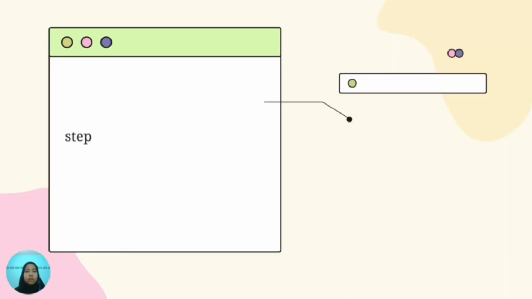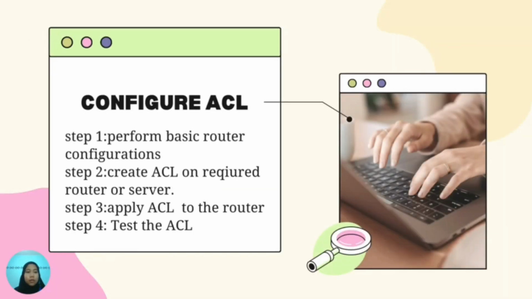To configure ACL, first we need to perform basic router configuration. For the second step, create the ACL on the required router or server, which we can name such as standard one or any name we want. Step 3, apply the ACL to the router, and the last step is to test the ACL.